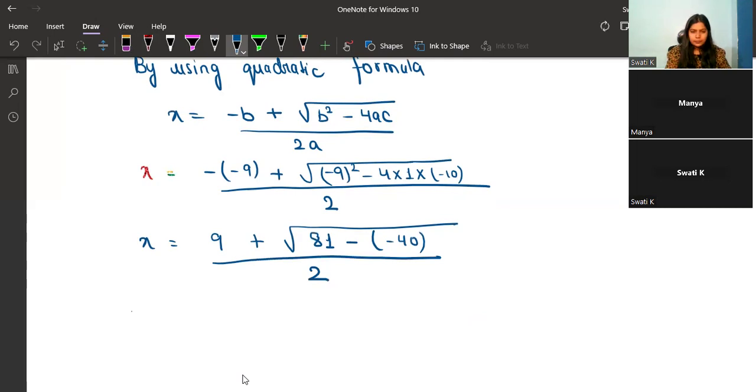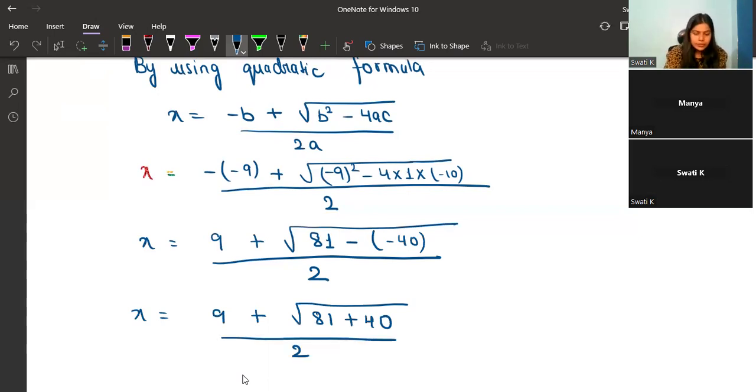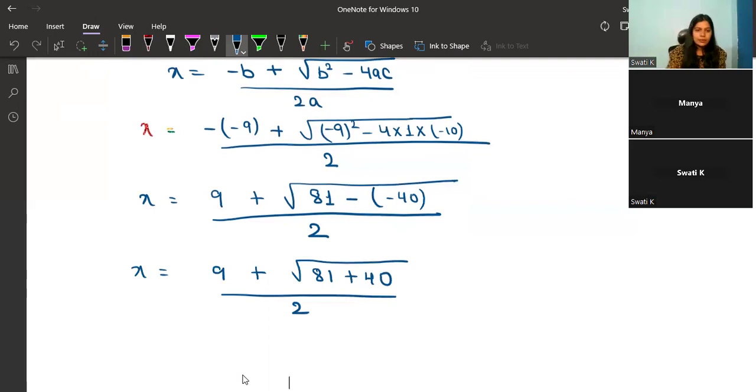X equal 9 plus, very good, 81 in square root, 81 plus 40, upon 2. Correct. Next. Let us first simplify more and then we'll put the minus sign also.